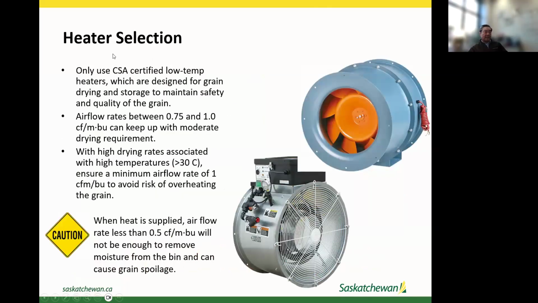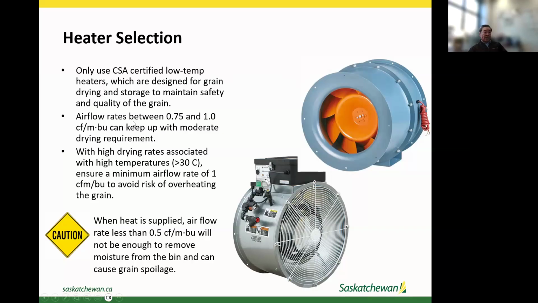And heater selection. When you install your heater, select only CSA certified low temperature heaters, which are designed for grain drying and storage to maintain the safety and quality of the grain.